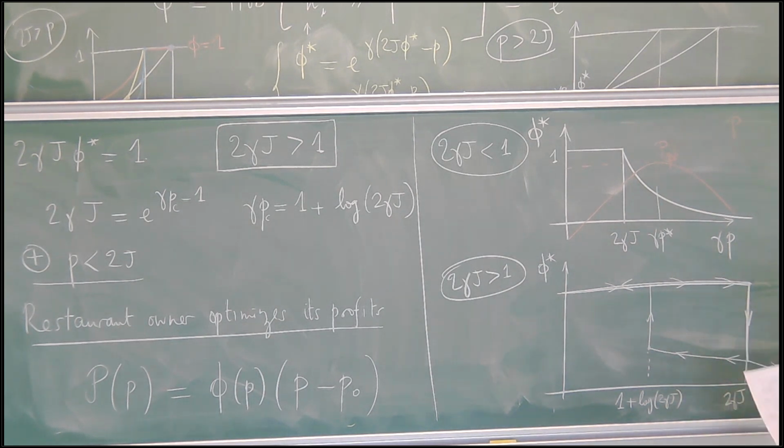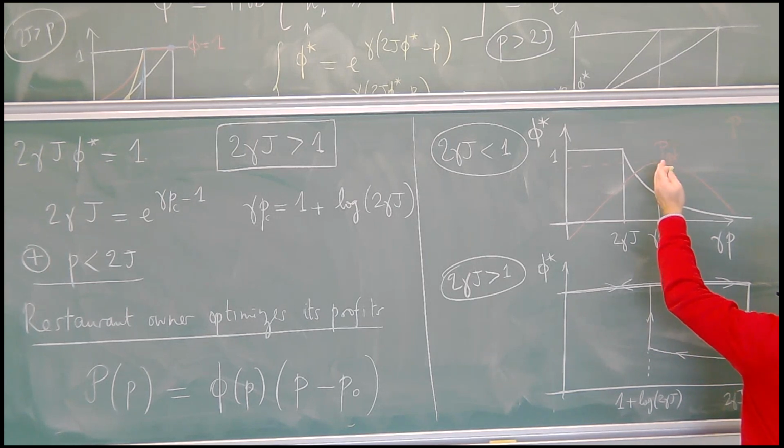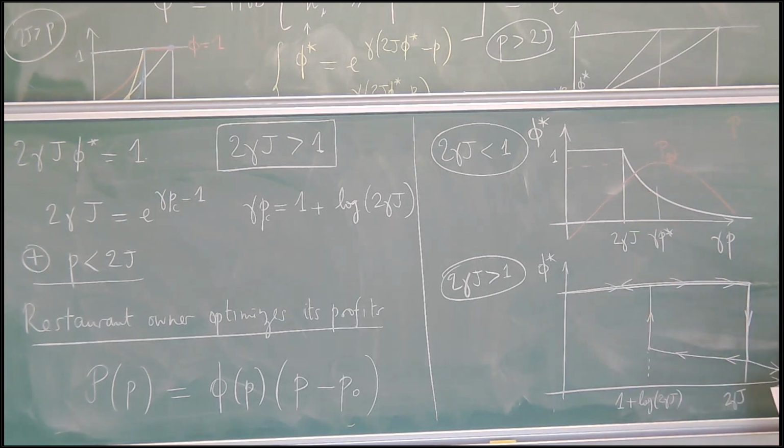And if you change J a little bit, of course people don't know how much social pressure other people are subject to, but you see that this maximum changes as a function of the parameters, but it doesn't change in a very dramatic fashion.